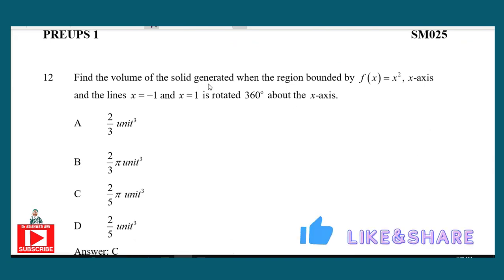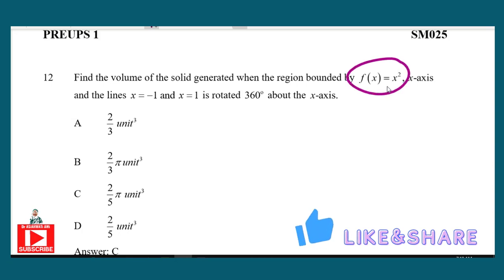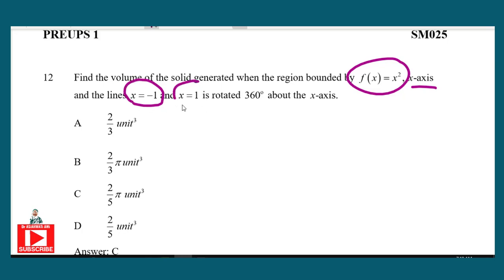Number 12, find the volume of the solid generated when the region bounded by y equals x squared, the x-axis, and the lines x equals -1 and x equals 1 is rotated 360 degrees about the x-axis.